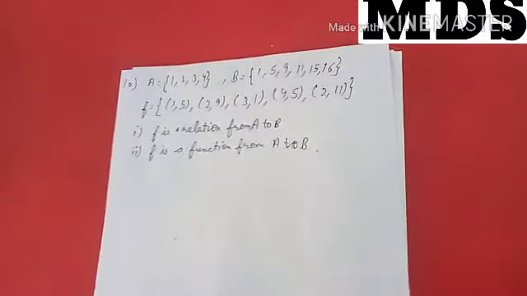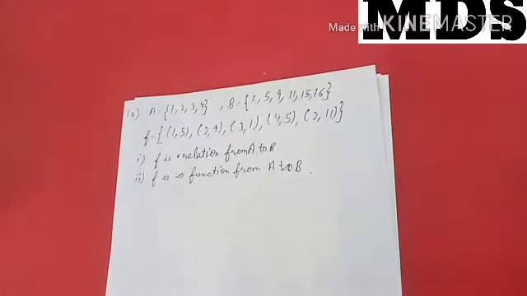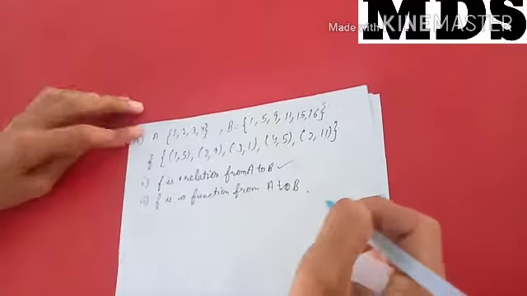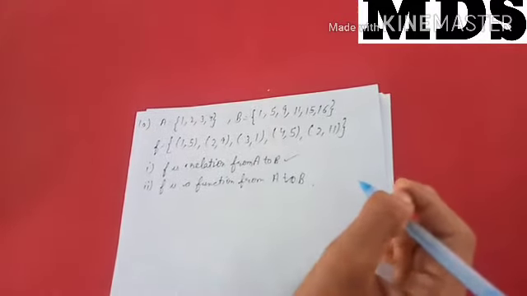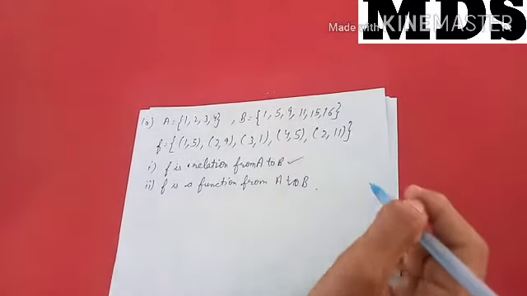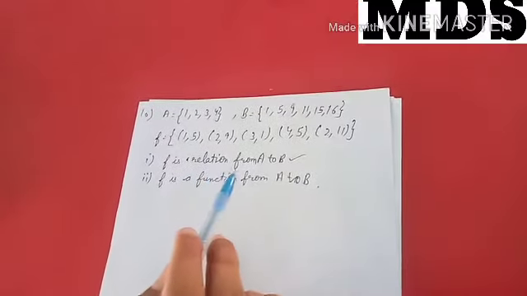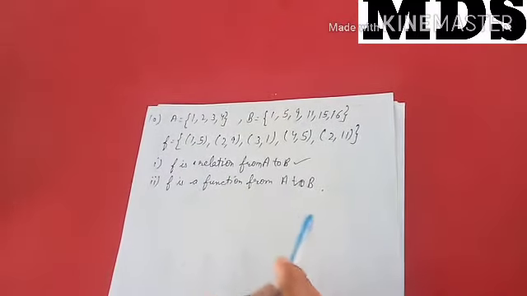First of all, if we say F is a relation from A to B, they are also asking us to justify our answer, that is, why it is.